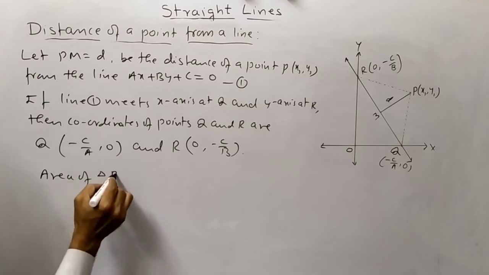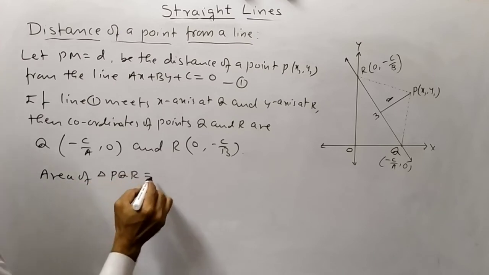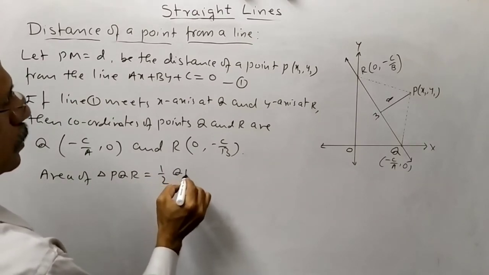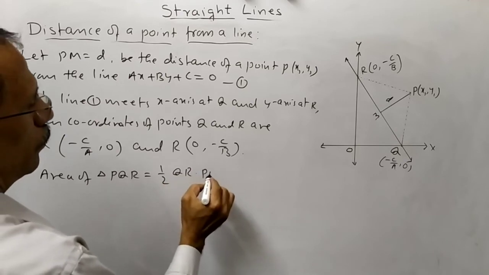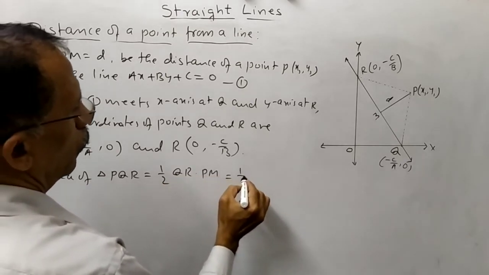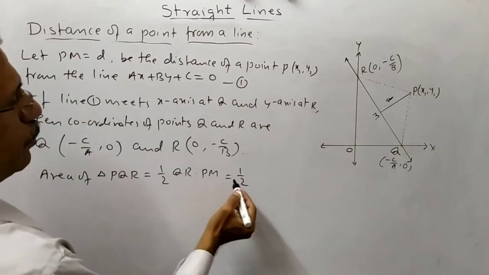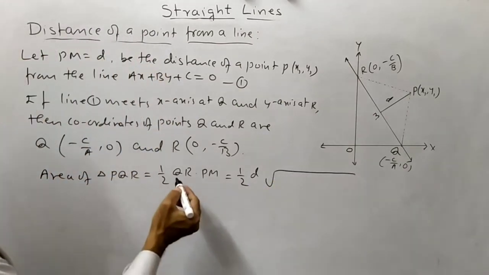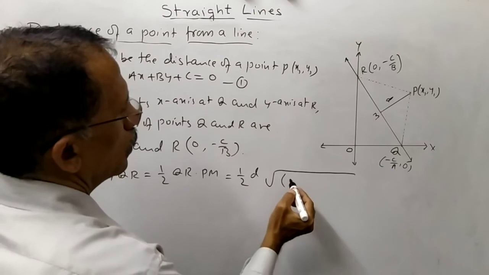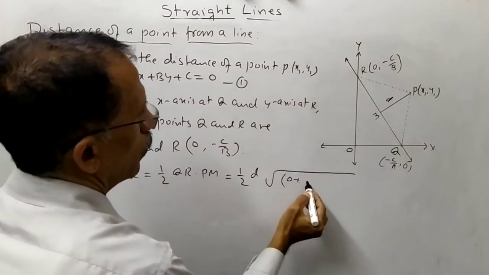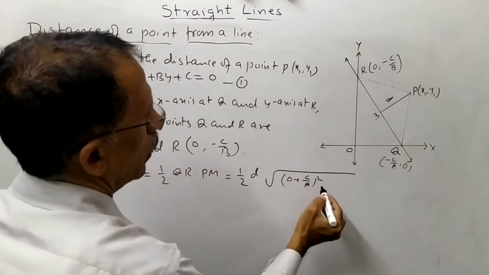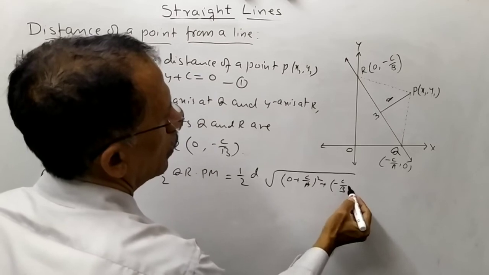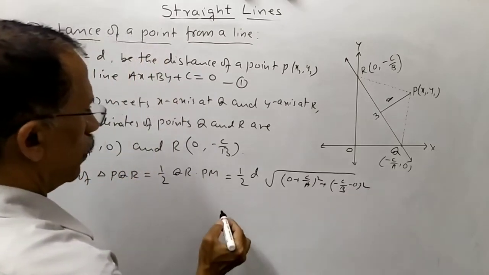Area of triangle PQR is equal to 1 by 2 into base into altitude is equal to 1 by 2 into, let us write PM first, that is D, into square root of 0 plus C by A whole square plus minus C by B minus 0 whole square.